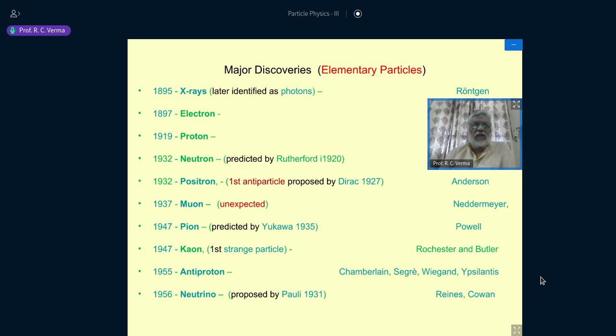So the energy of the electrons emitted in a beta decay, if it is a two-body decay, should be fixed. However, we all know, it's now textbook material, that in beta decay we have a spectrum of energy. We don't have a fixed energy of the electron.